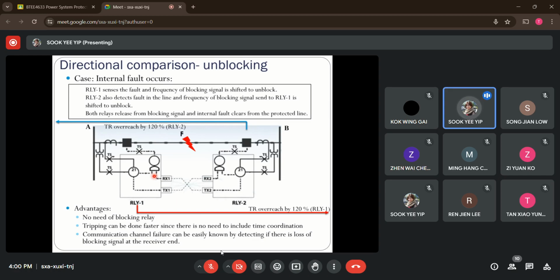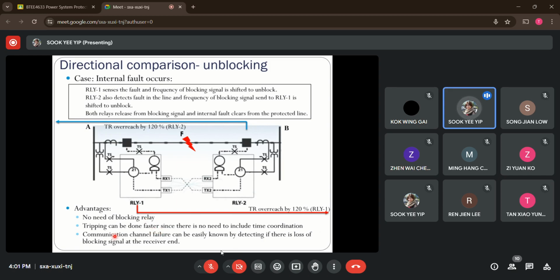And because of this, unlike the blocking mode of operation, the relay is much more sensitive. Now, the tripping process can be much faster. So there's no time delay for the tripping relay. You don't need to wait for the signal from a blocking relay to see if I want to trip or not. If I sense the fault within my sensing direction, I can achieve a faster tripping process.